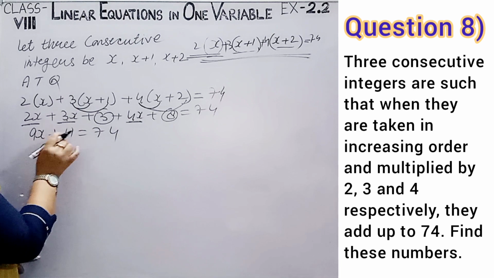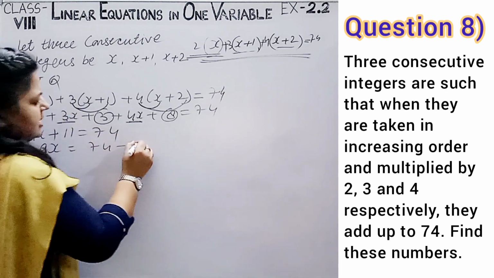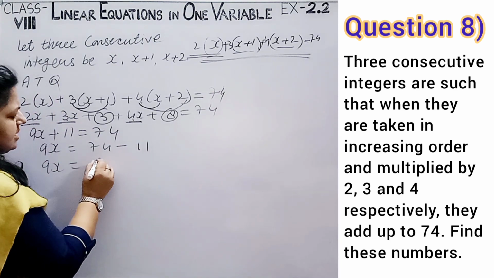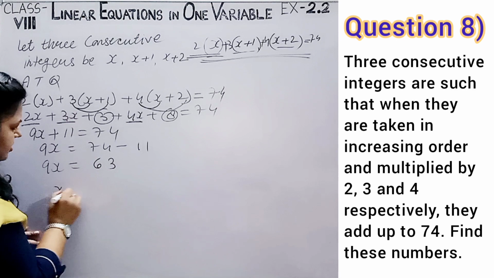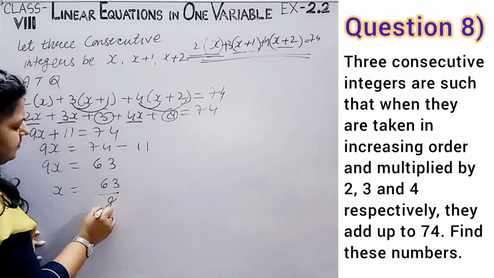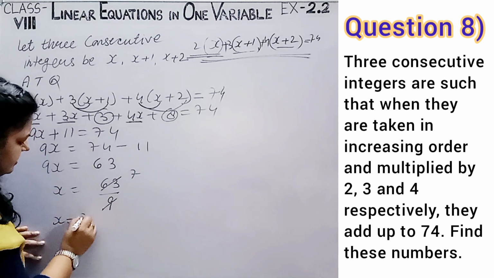Now transposing 11 from left to right, 9x equal to 74 minus 11. Now 9x equal to 63. x equal to 63 upon 9, 7. It means x equal to 7.